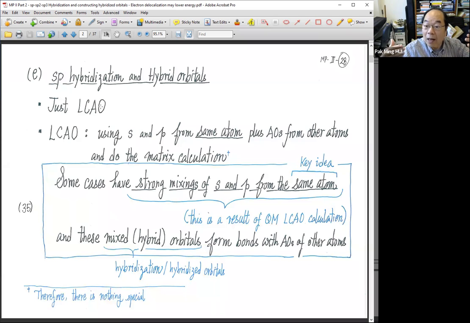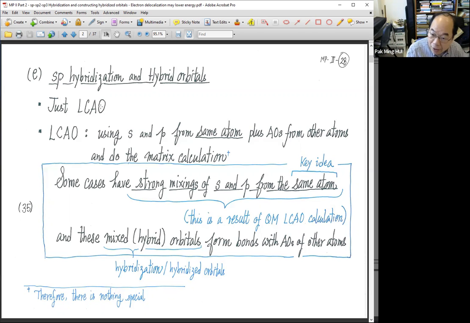But as we developed the whole thing, we have been emphasizing that if you include more atomic orbitals from one atom and also from the other, actually the calculation should be more accurate.